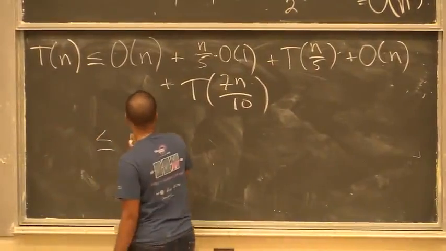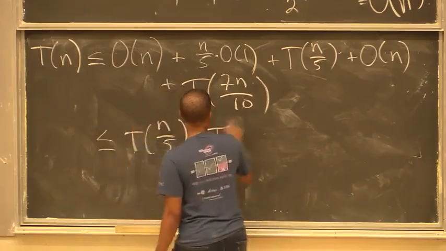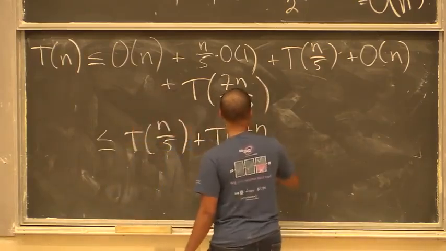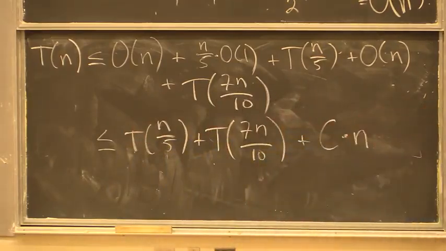So let's just clean this up a little bit. This is at most T of n over 5 plus T of 7n over 10 plus some constant times n. Unfortunately, this does not fit into the framework of the master theorem.